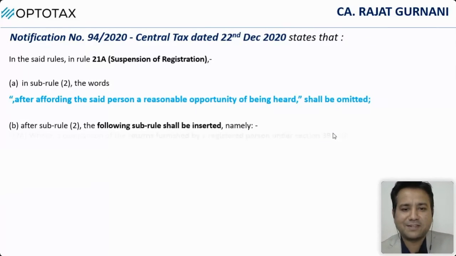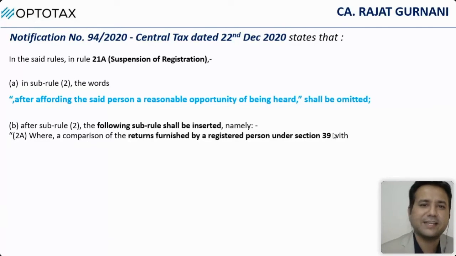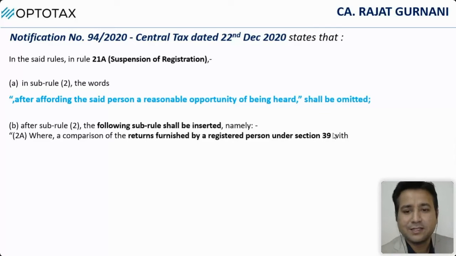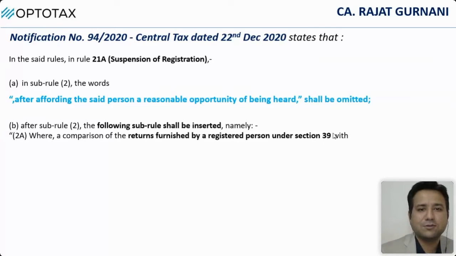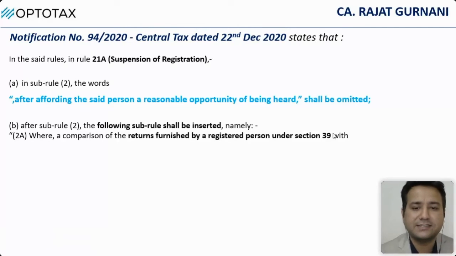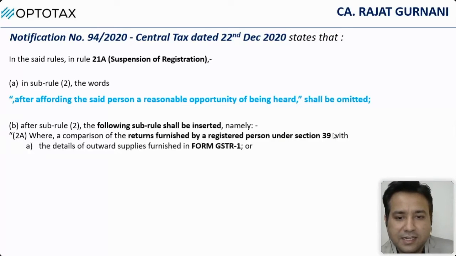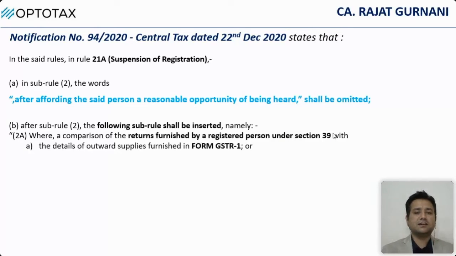Right? After sub-rule 2, now another sub-rule has been inserted. Opportunity of being heard taken off, no problem. Okay. After sub-rule 2, the following sub-rule shall be inserted. 2A, where a comparison of the returns, this I wanted to mention for ITC, where a comparison of the returns furnished by registered person under section 39, meaning 3B.